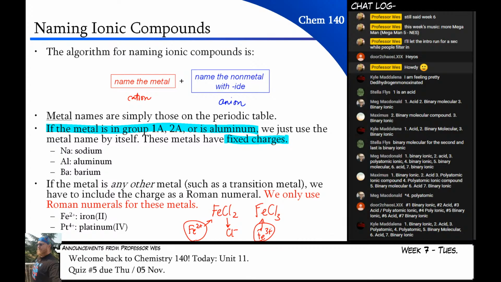So what we need to do is we need to indicate the charge for a variable charge metal, which would be any other metal that is not the ones listed above. And we need to include the charge as a Roman numeral.